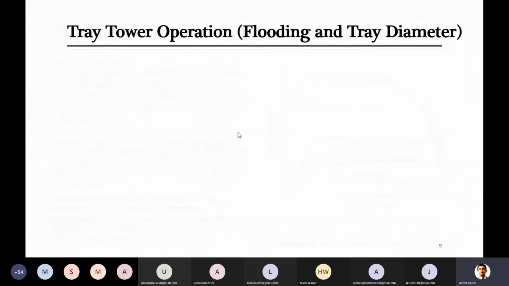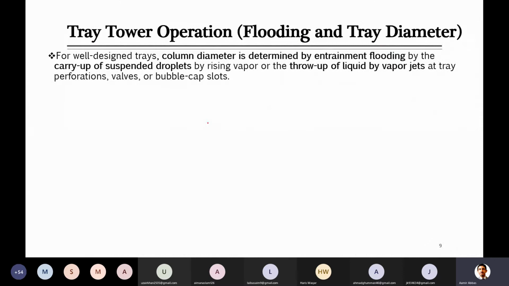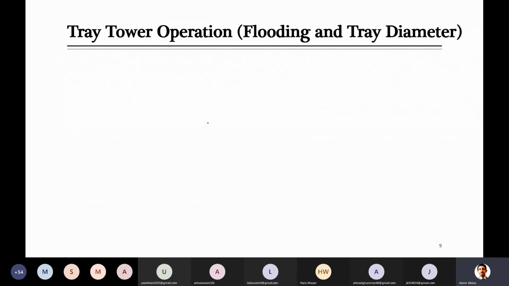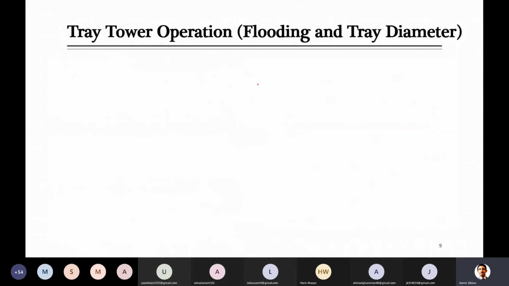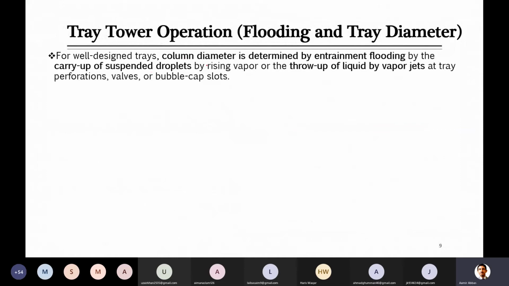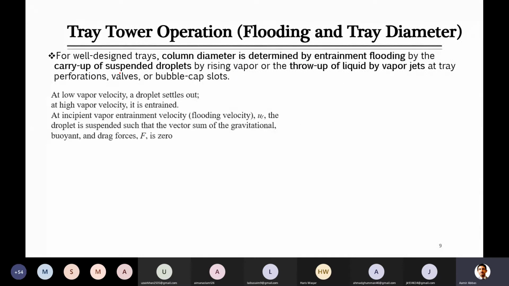So the design of a tray or diameter is majorly linked with this phenomenon of entrainment flooding. Column diameter is determined by entrainment flooding. Before we look at the diameter calculation, we will look at something called entrainment velocity, our flooding velocity.